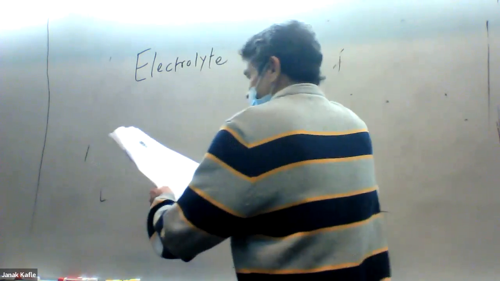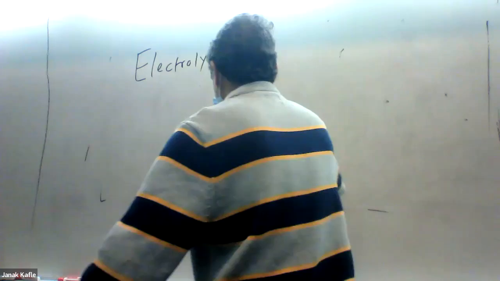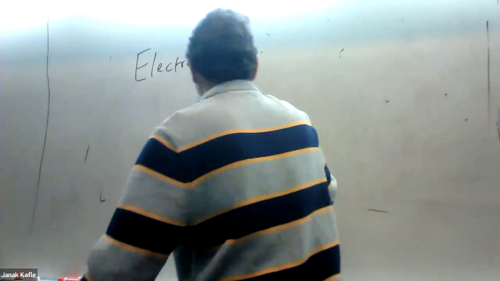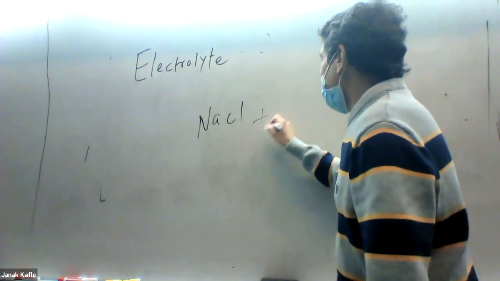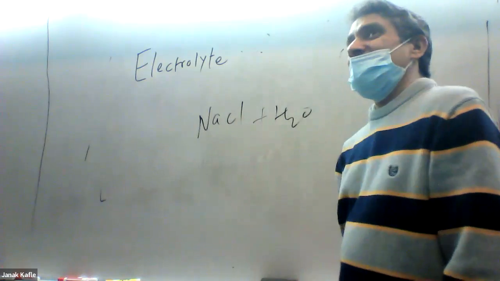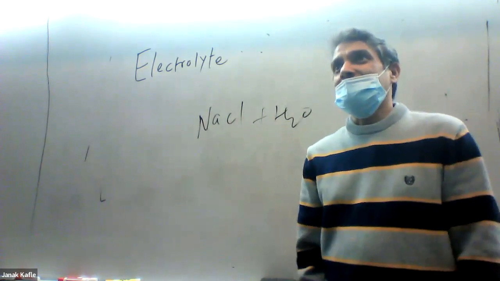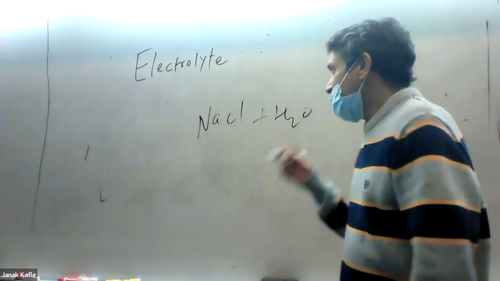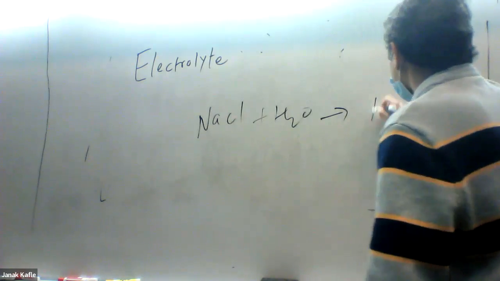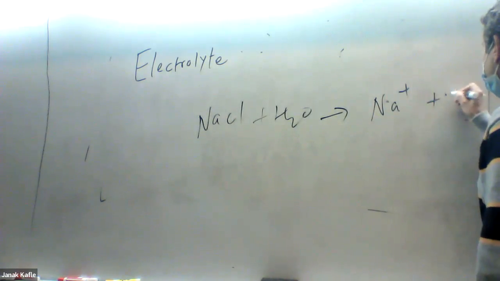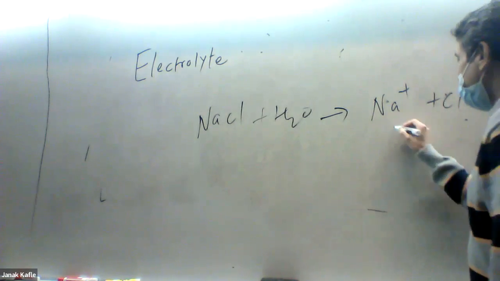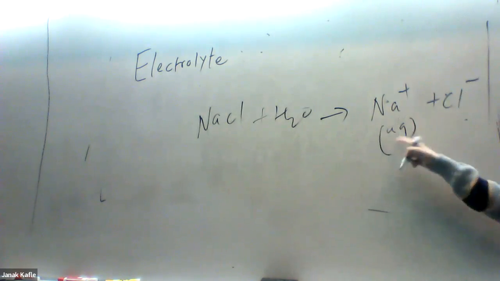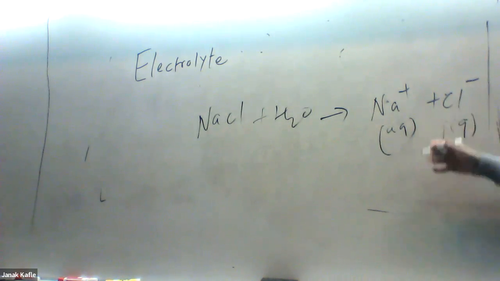This is called electrolyte. So if I put sodium chloride, the ionic compound, in water, this sodium chloride and water mixture is an electrolyte. It conducts the electricity. If you put this in water, it's basically Na+ and Cl-. They are free here in water. Aq means it's in water, the solution.